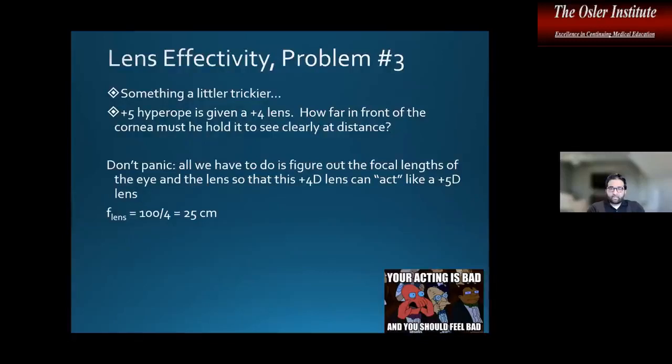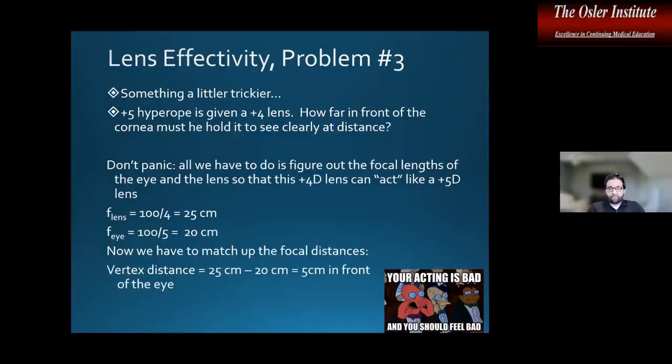Well, for the eye, this is a 5 diopter hyperope. We know that this is going to be a 20 centimeter focal length. So now we basically have to match up the focal distances. So the vertex distance is going to be 25 minus 20 equals 5 centimeters in front of the eye.